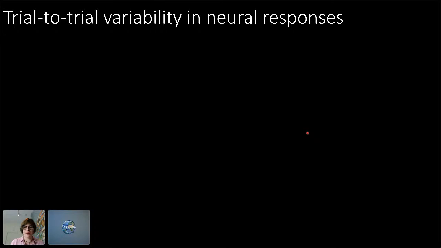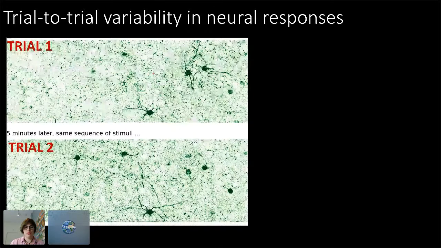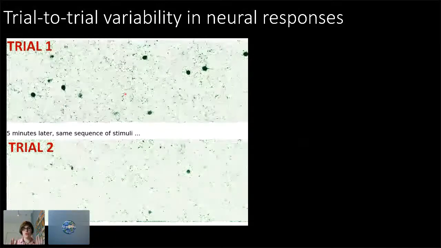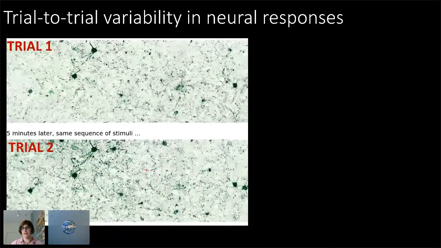But we have a slight problem, which is that there's noise in the neural responses from trial to trial. So I'm going to show an illustration of this where we showed the same 32 stimuli to the mouse, and then we waited 5 minutes and we showed the same 32 stimuli again. And you'll see what happens in the video, that if there was no noise, you'd expect the upper video and the bottom video to look the same.